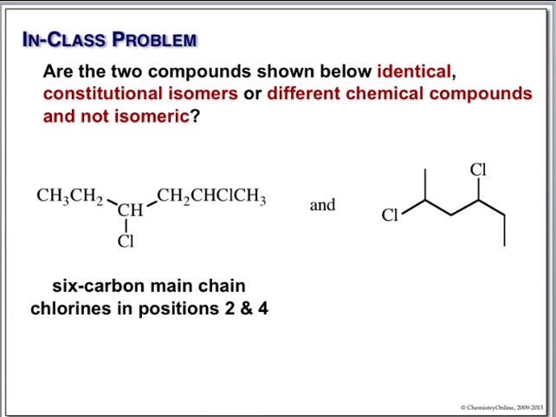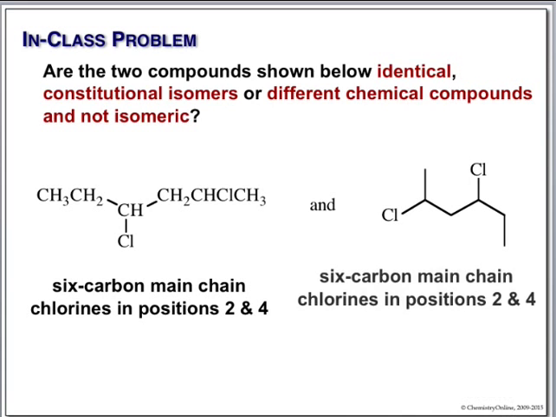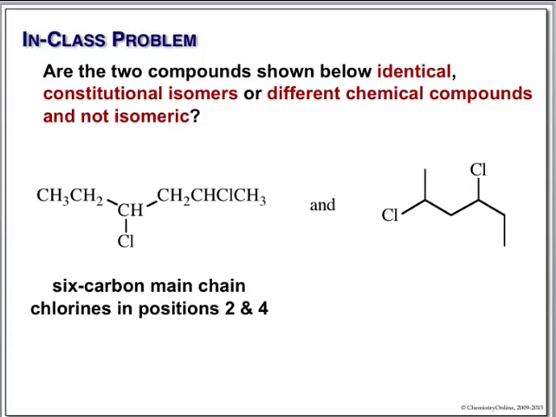6 carbon main chain. We have chlorines in 2 and 4. Oops. I thought I had the formula on here. Let's go over here. Our main chain is going to be 1, 2, 3, 4, 5, 6 carbons. We have a chlorine here in carbon number 2.